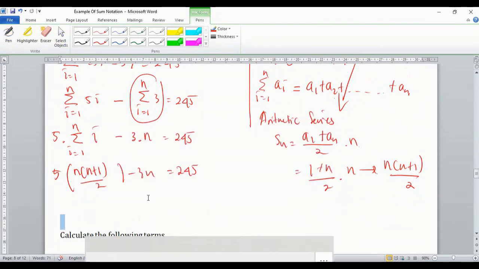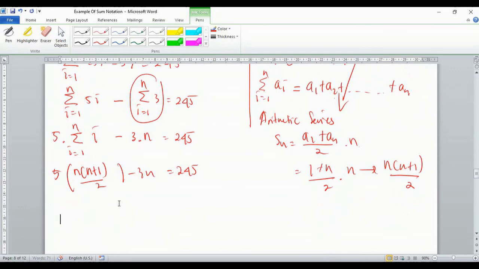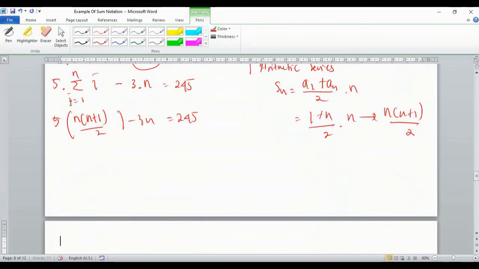Okay, so from here, wait a minute, this is a problem. Okay, so from here we can write 5n squared plus 5n minus 6n over 2 equals 245, right?